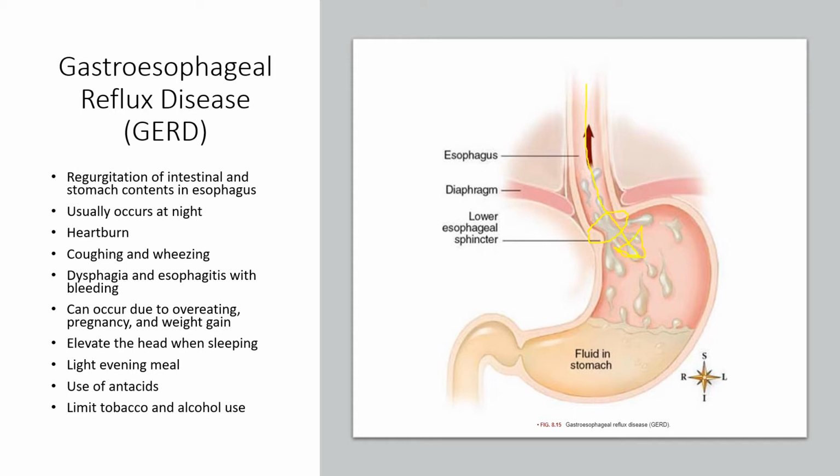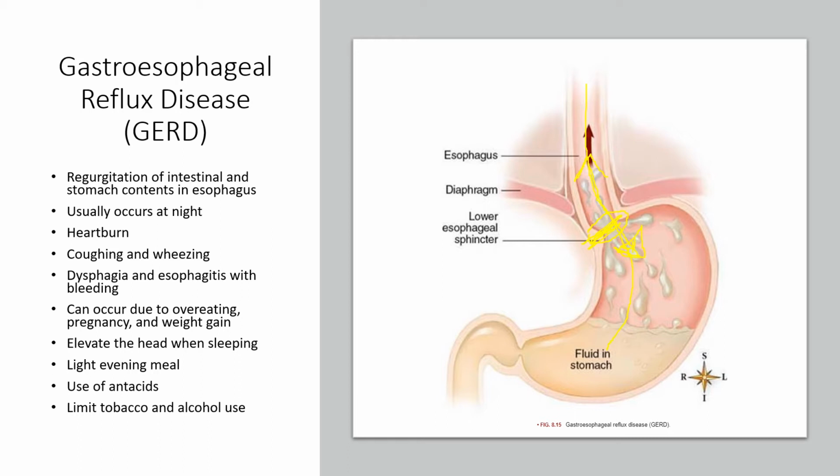Then when we are digesting the food and no longer taking in food, this sphincter closes. What happens is this sphincter can become weakened and irritated, and it can open when it's not supposed to. When that happens, all the contents in the stomach can rush and backflow up into the esophagus.